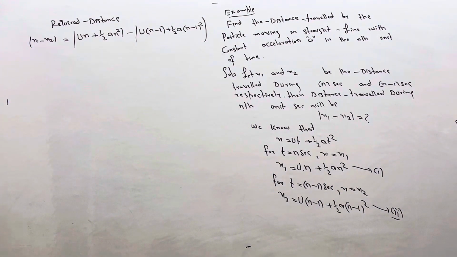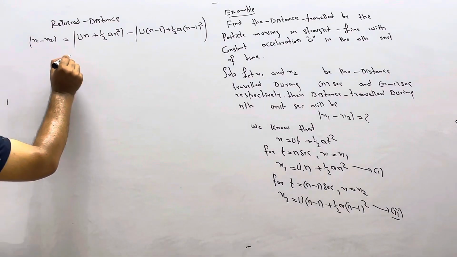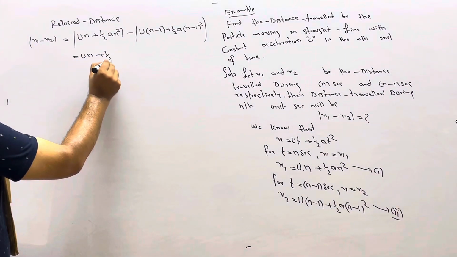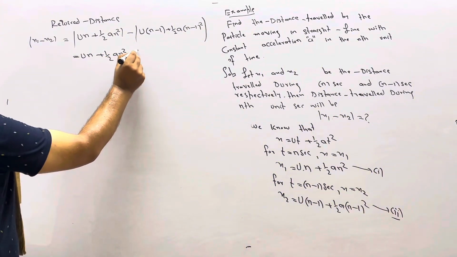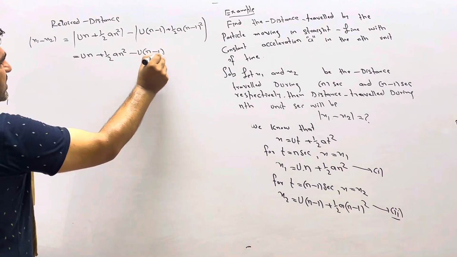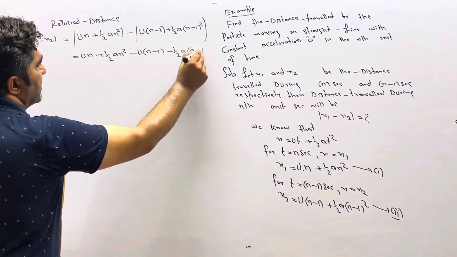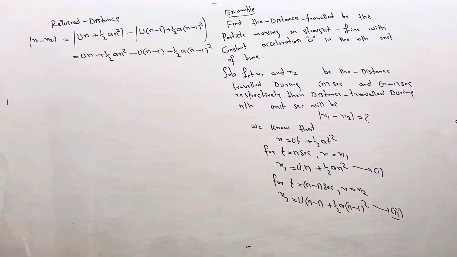Okay, now what I can do here, I can multiply this minus here as well. This will be un plus half an square minus u into n minus 1, this minus will come here, minus 1 by 2a, and it will be n minus 1 whole square.